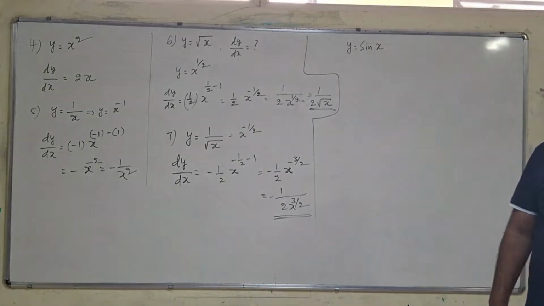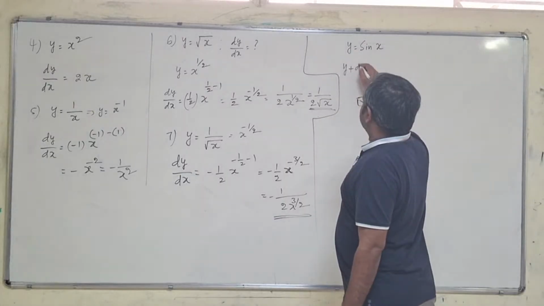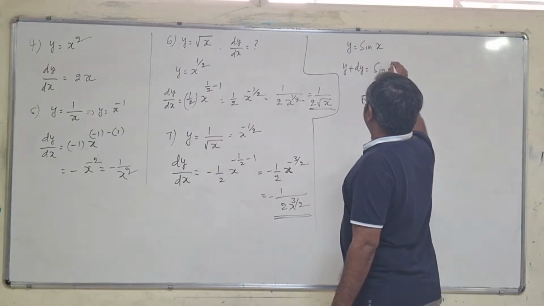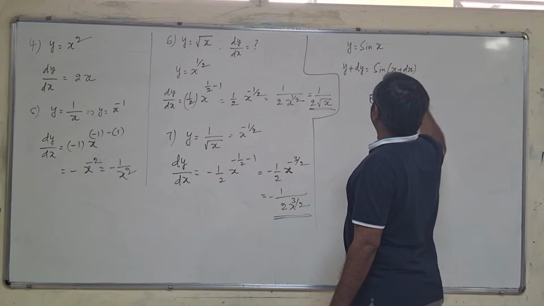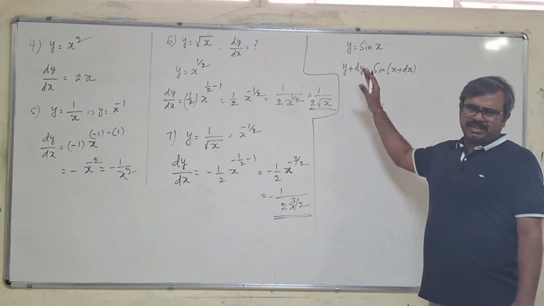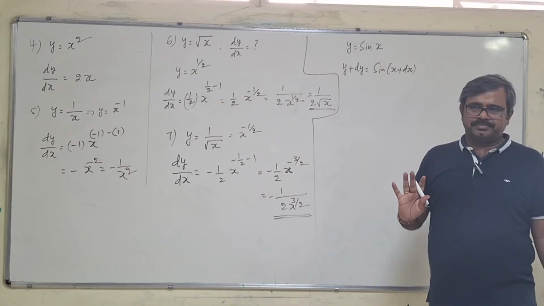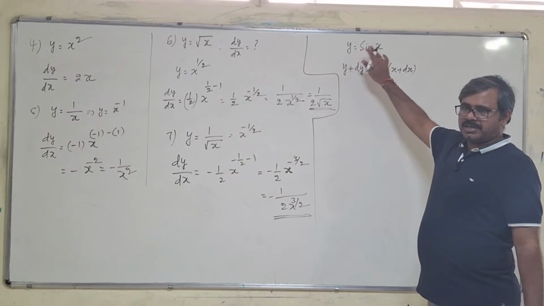If y changes by dy, it means x changes by dx, right? I'll tell you how we write down this formula, dy by dx, for sin x. For the rest of the trigonometric functions, I'm going to write it directly. Okay? You understand what I'm doing?